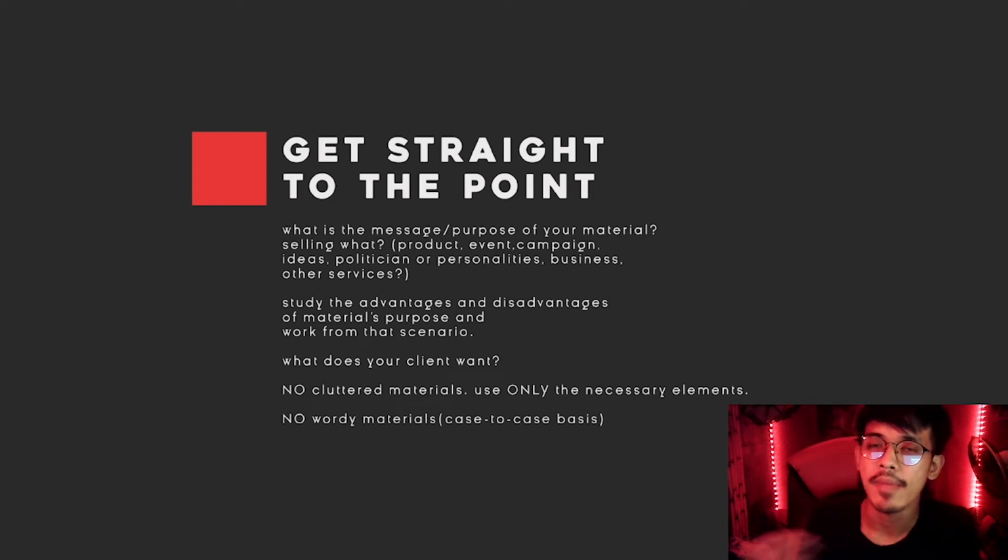For example, a menu, a poster. You might need a flyer, but you do not necessarily need an infographic. When we say an electoral campaign, you probably do not need a menu for that, but you need, of course, an infographic, an election poster, etc. So there are certain materials that you need to select and deselect.